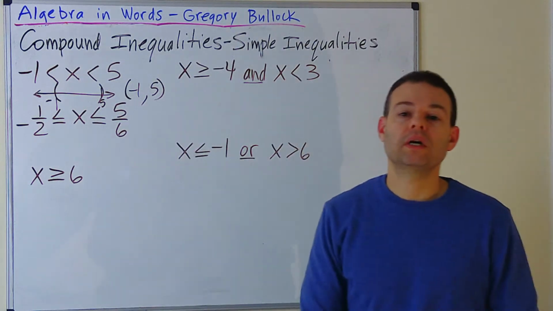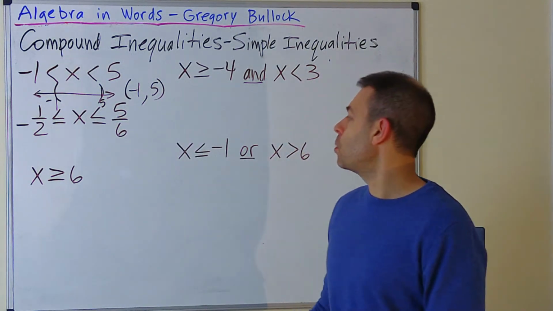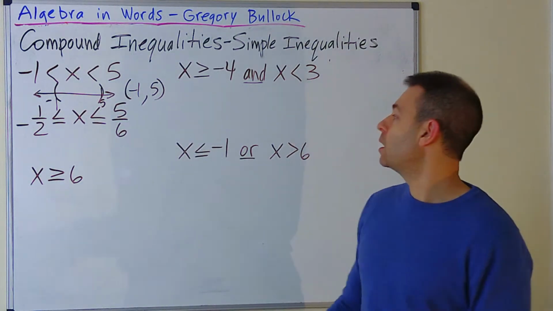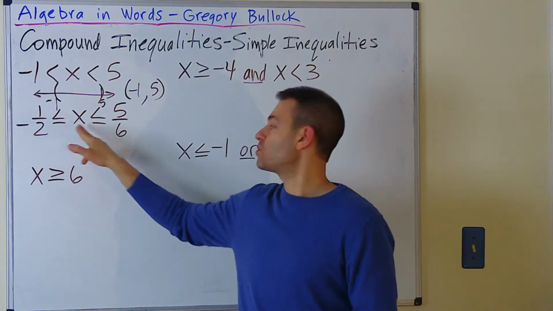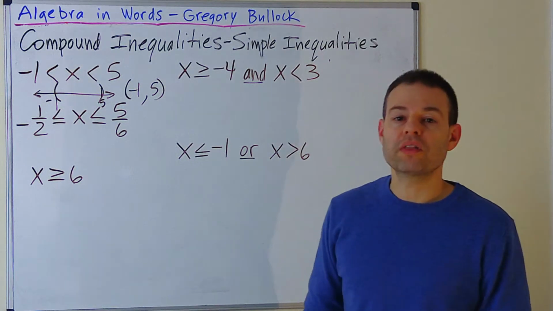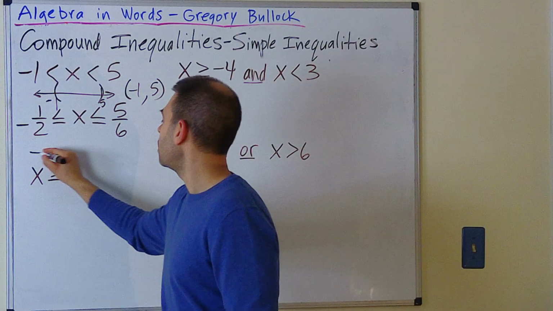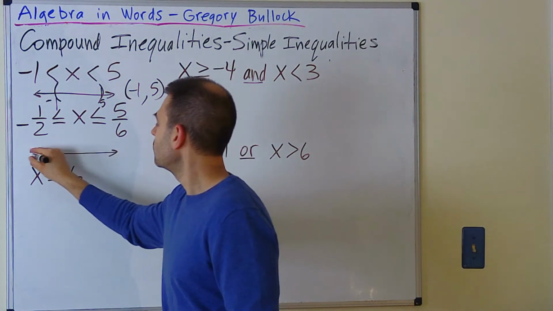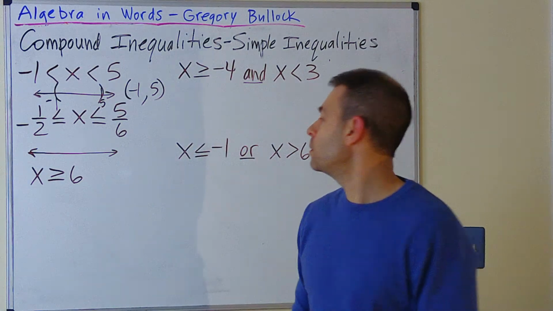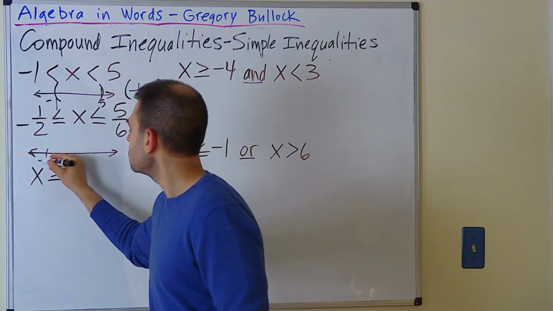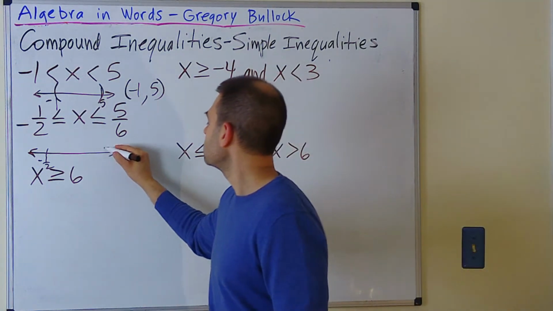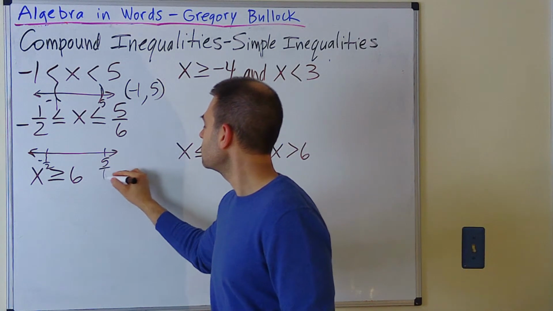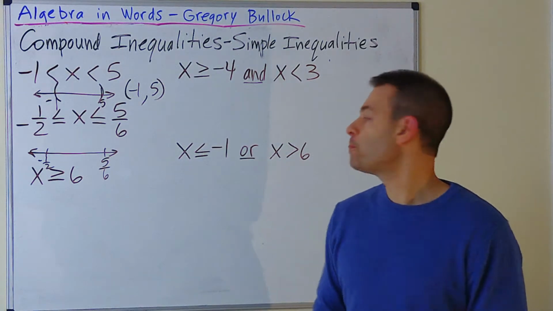Let's look at the next one. It's kind of the same as the one above in many ways. The only difference is, in this case, these are inclusive symbols. So if we were to draw the number line, we would draw it like this. The lower value is -1/2, so let's squeeze that in there. And the higher number is 5/6, so let's squeeze that in there.